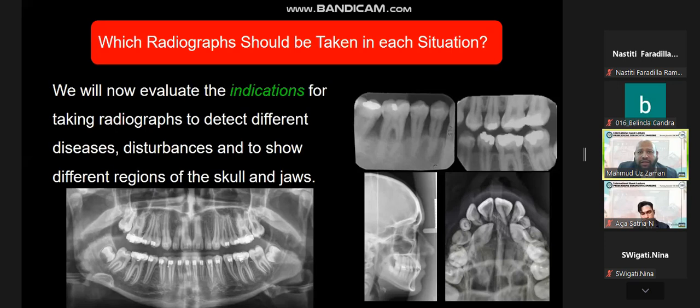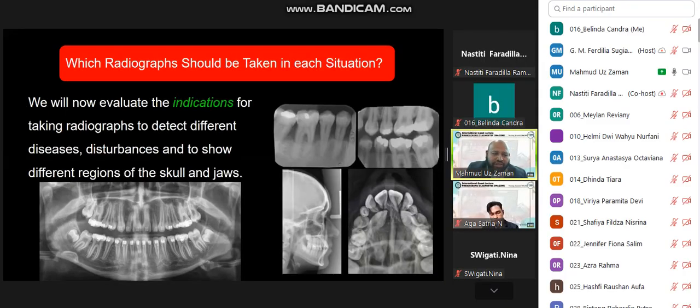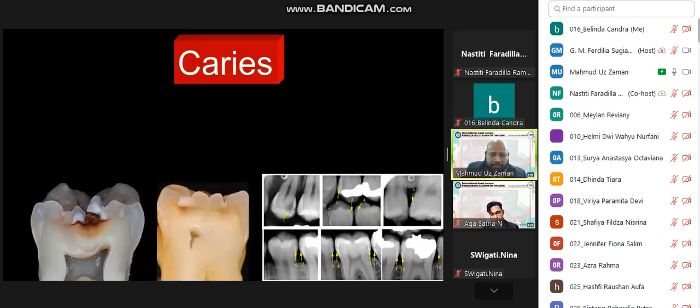We need to check the lacerated tissue, whether any broken part of the tooth is embedded in the soft tissue or not. Then you will go for an extraoral view. So depending upon your diagnosis and your need and your infrastructure, you will choose your radiographs.